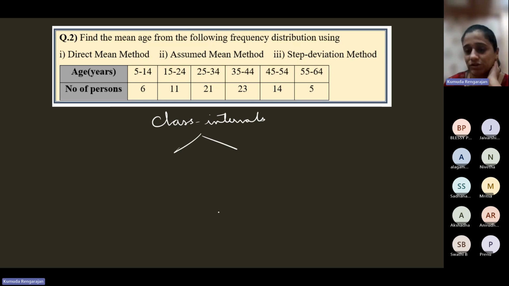Frequency distribution is of 2 types, grouped and ungrouped, involving class intervals, not involving class intervals. Class intervals are of 2 types. We've seen this in 9th standard.